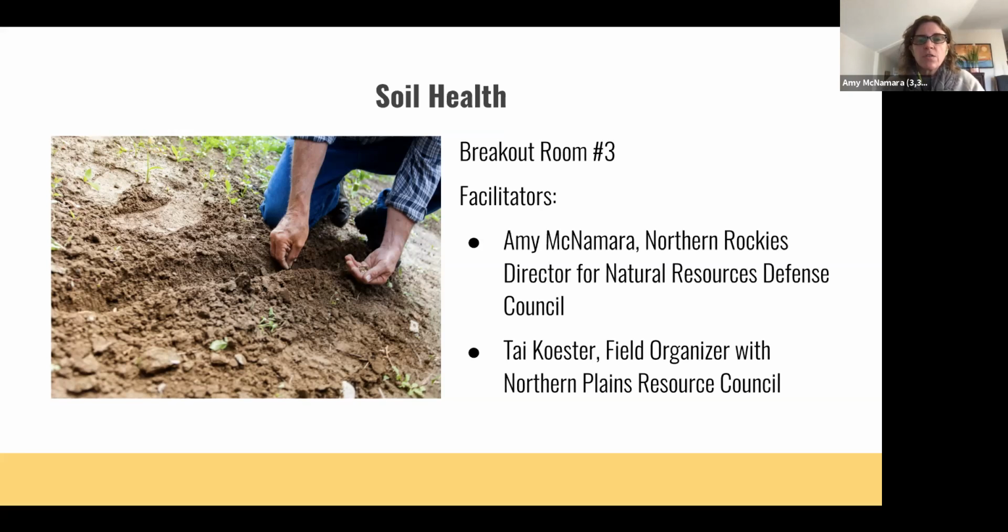We don't currently have a soil health program in Montana. And so the bill that we are supporting this session is one that will establish a soil health committee or a subcommittee during the interim session, and that will look at what's being done in the state right now for soil health, what the roles of the NRCS, the Department of Agriculture, DNRC are, and how the state can step into a new role to support farmers and ranchers who are already investing in soil health, or those who want to be investing more in soil health, and advancing a program that partners with farmers and ranchers, and also our federal partners at NRCS, who have a lot of resources for investing in soil health.